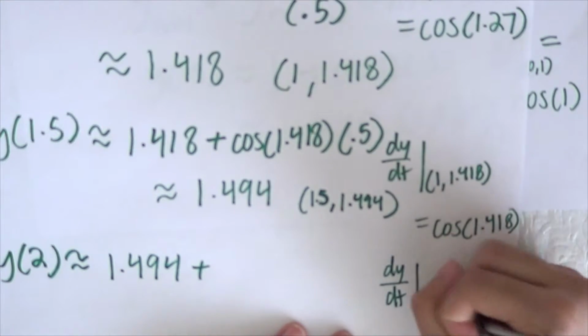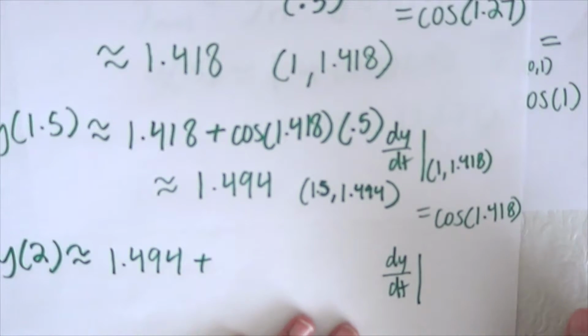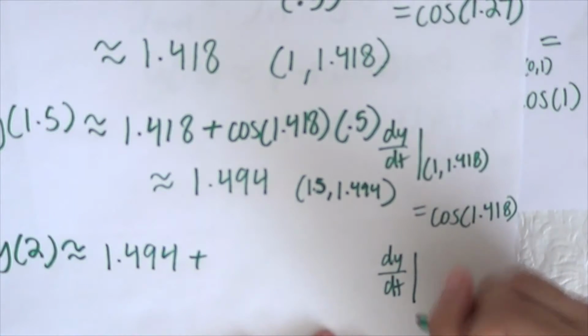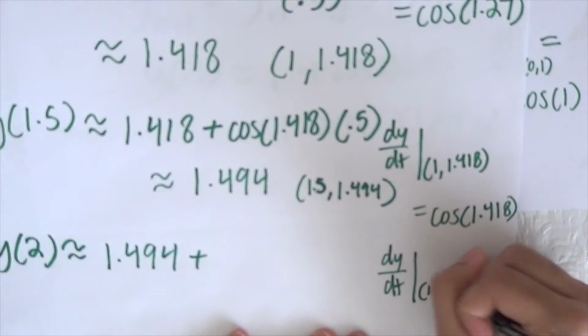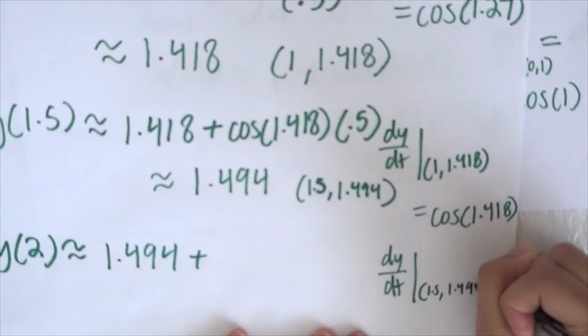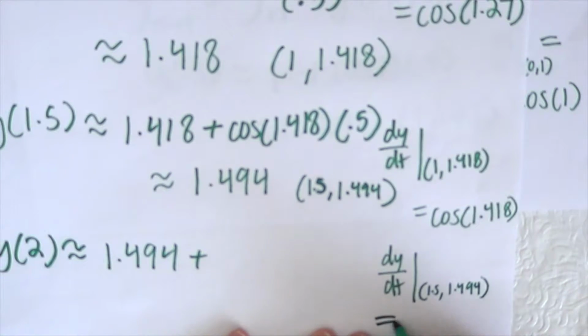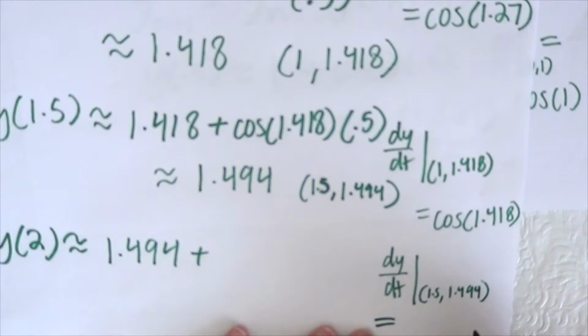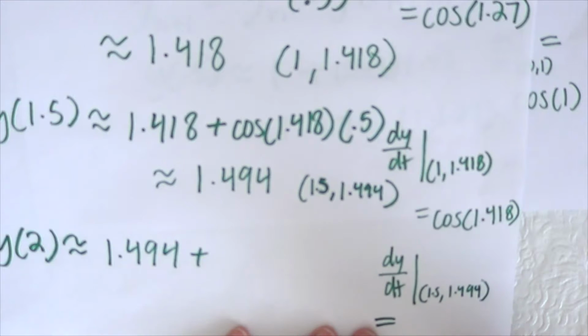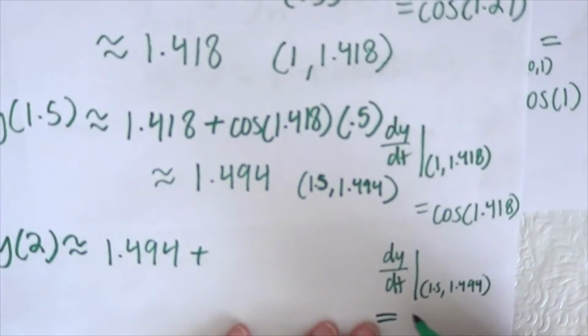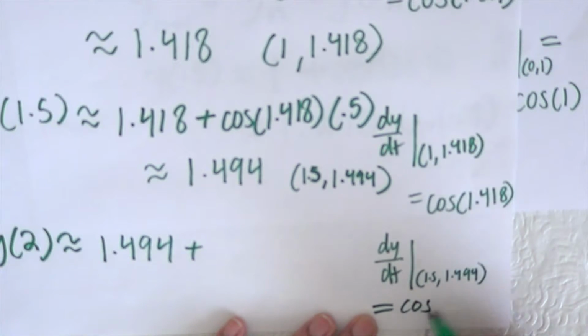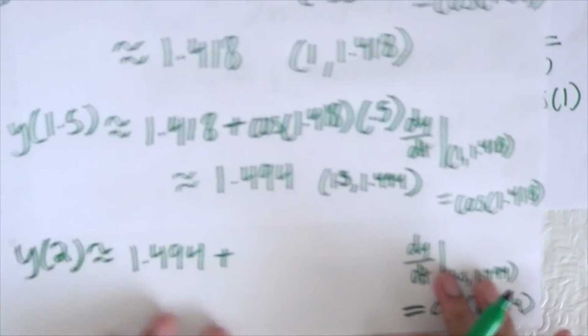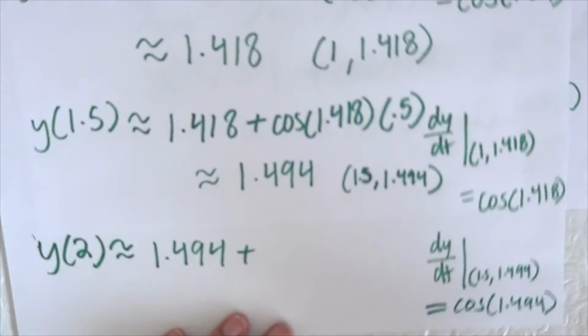Again, Euler's method can be really repetitive, and that is the point. We won't be using the t value again because the derivative does not call for the t value. So cosine of 1.494, I'm kind of running out of room, but it is fine.